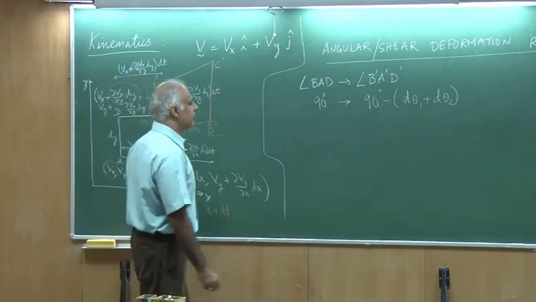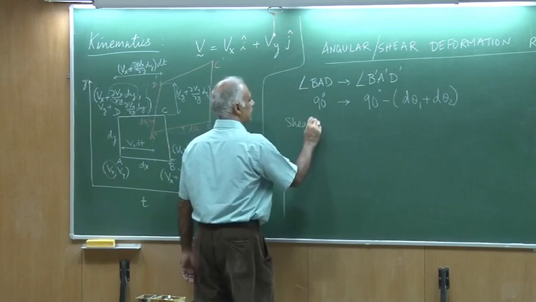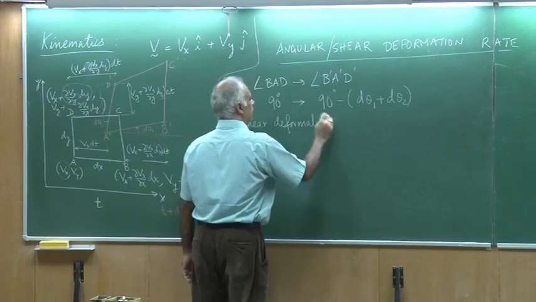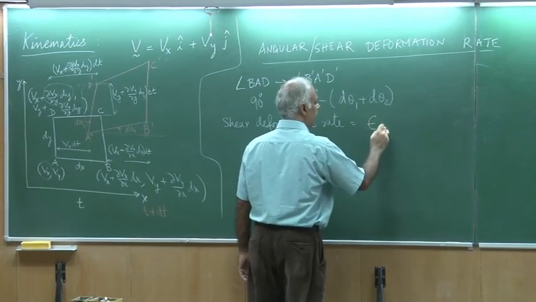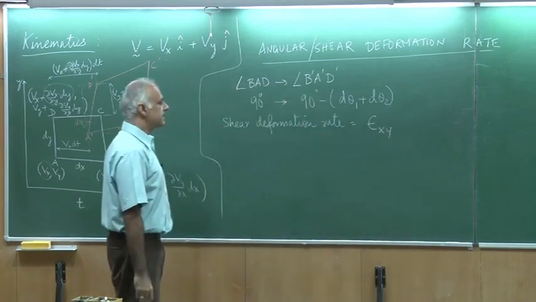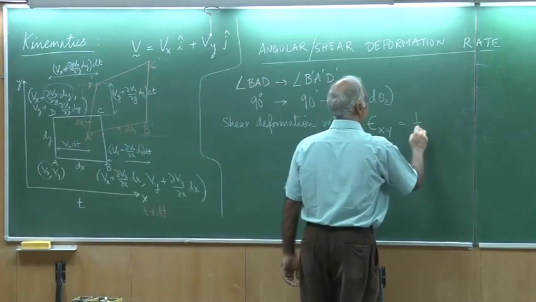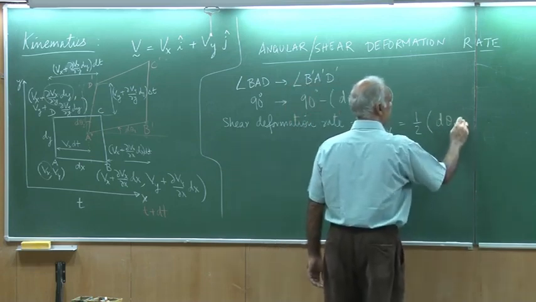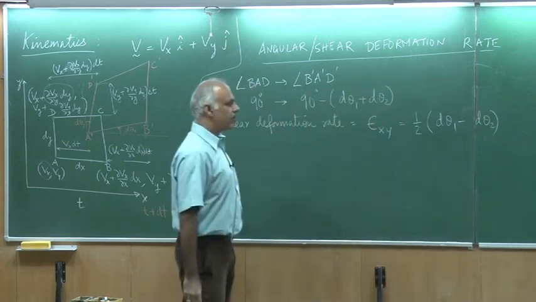Therefore, I would like to propose that the shear deformation rate, which I am going to denote by epsilon xy in 2 dimensions, is going to be given as half of d theta 1 plus d theta 2.